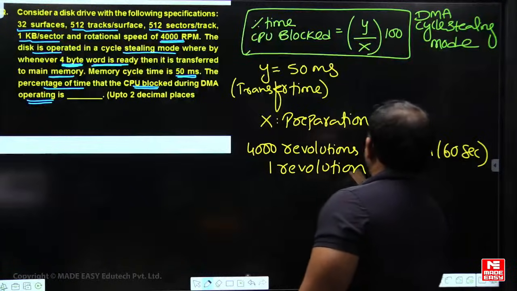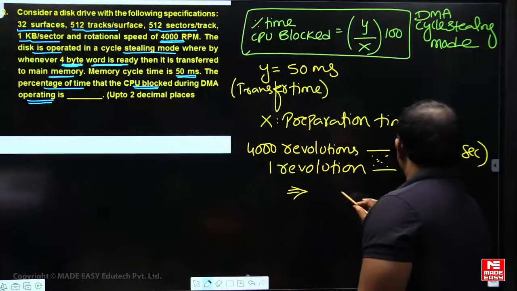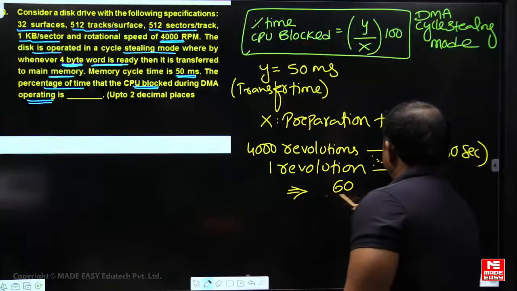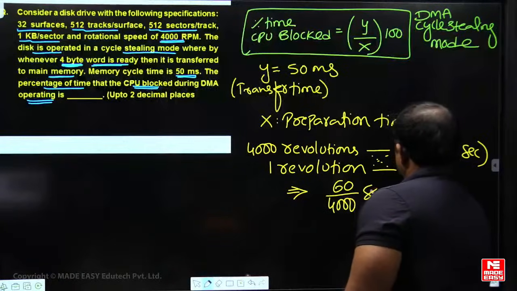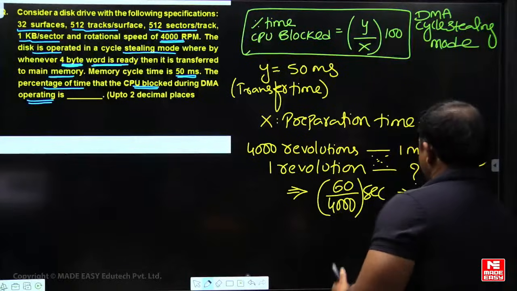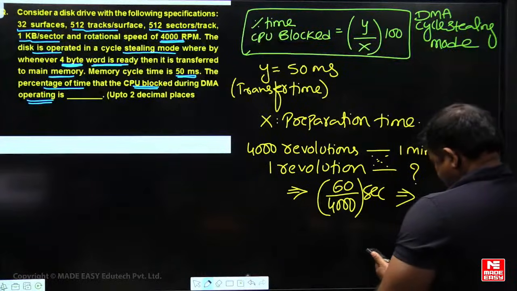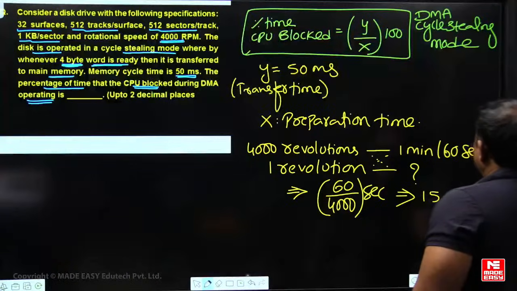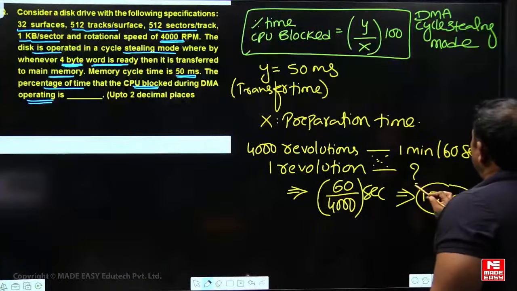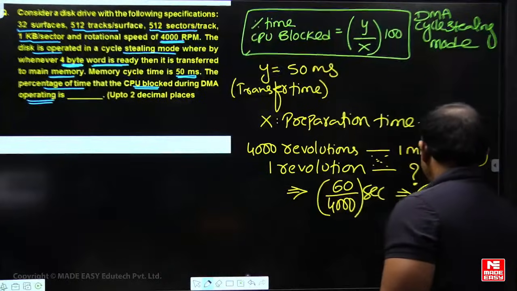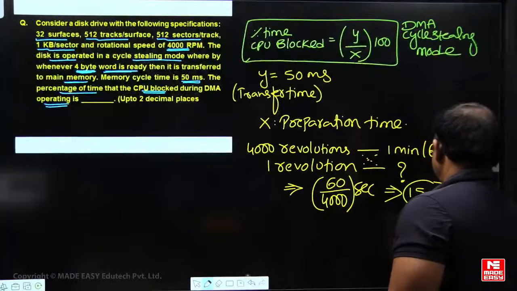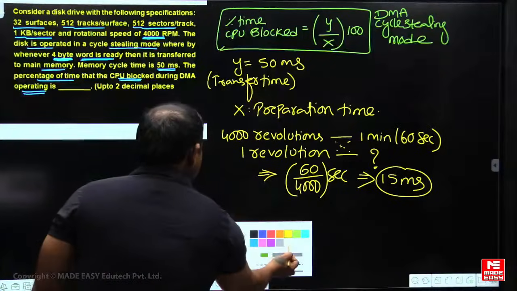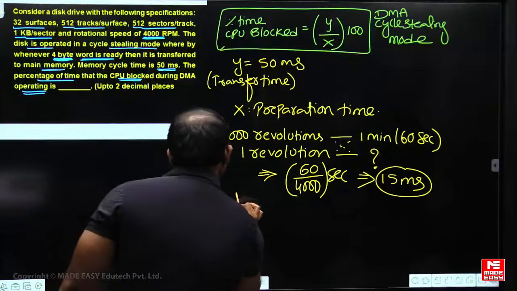It is equal to 60 upon 4000 seconds, which is 15 milliseconds. So in one rotation, one revolution, one track of data is covered.